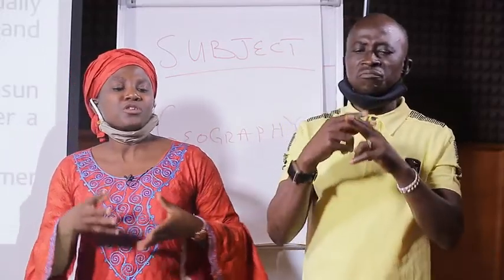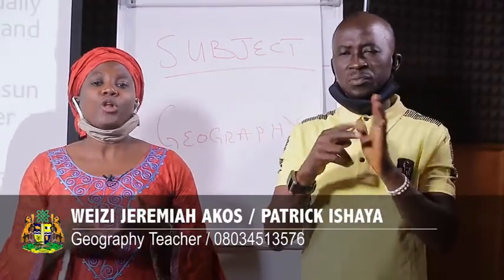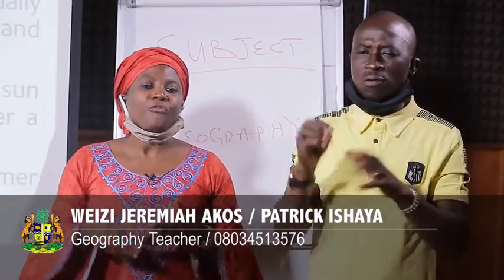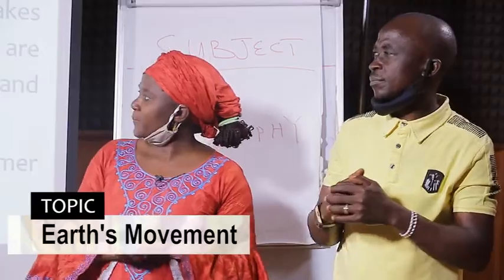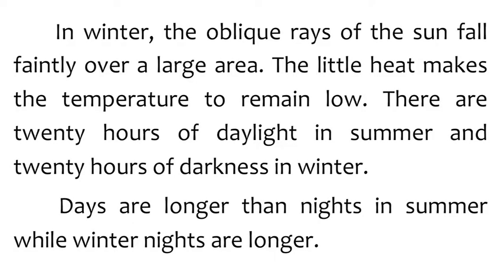However, we're referring to the temperature or the hotness or coldness of a place at a particular period of time. We said in winter, the oblique rays of the sun fall faintly over a large area. Winter referring to the cold period. The little heat makes the temperature remain low. 20 hours of daylight in summer and 20 hours of darkness in winter.